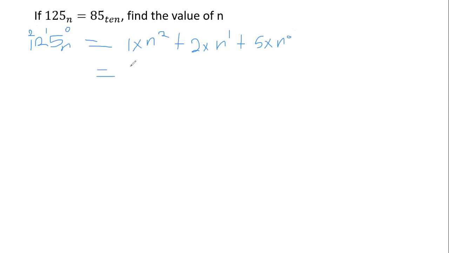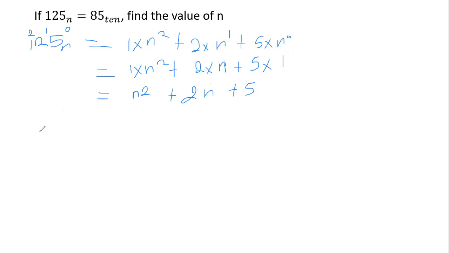So this would be the same as 1 times n squared plus 2 times n, then plus 5 times 1. So this would be n squared plus 2n plus 5. So this is now in base 10.